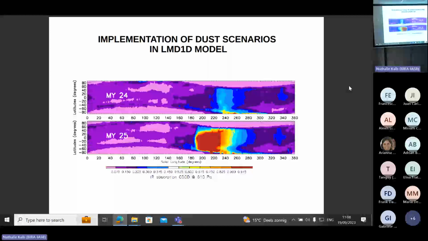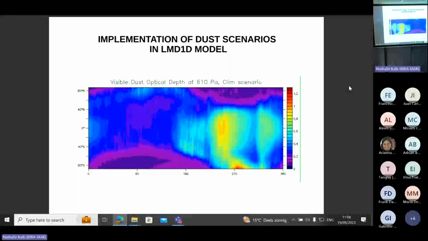You can either choose one specific Martian year, or you can also choose to use what we call the climatology scenario. In this scenario, we average the dust optical depth of all the Martian years, removing all the global dust storms, and we get one classic Martian year of dust optical depth.